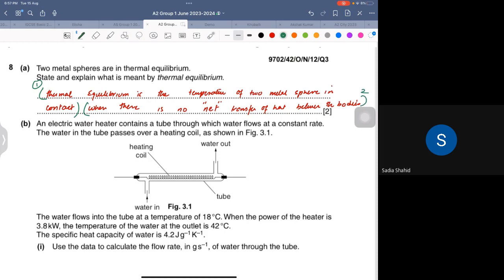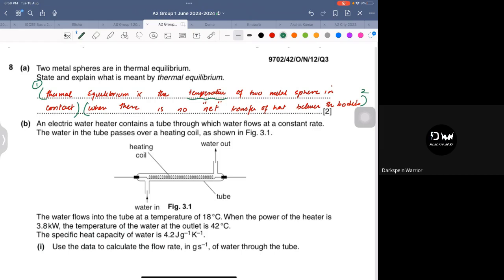So basically writing this part gives you 1 mark, writing this part gives you the second mark. Is it clear, everyone? Don't we have to mention that they have equal temperature? Yes. So when you write thermal equilibrium is the temperature of two bodies, you can write equal temperature, that's fine. So the net flow will be 0 when they reach equal temperature.